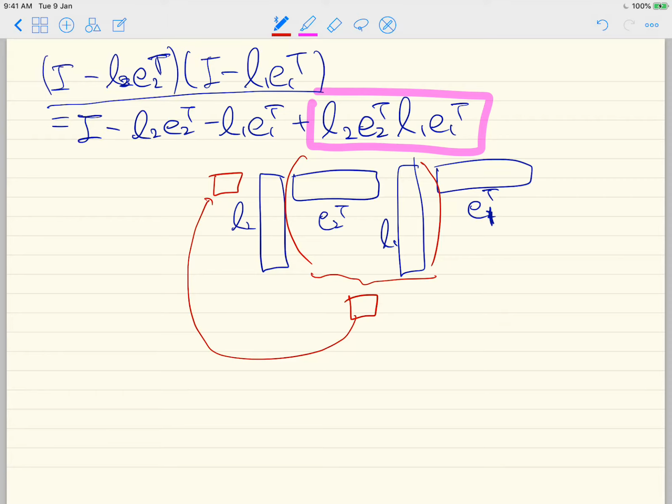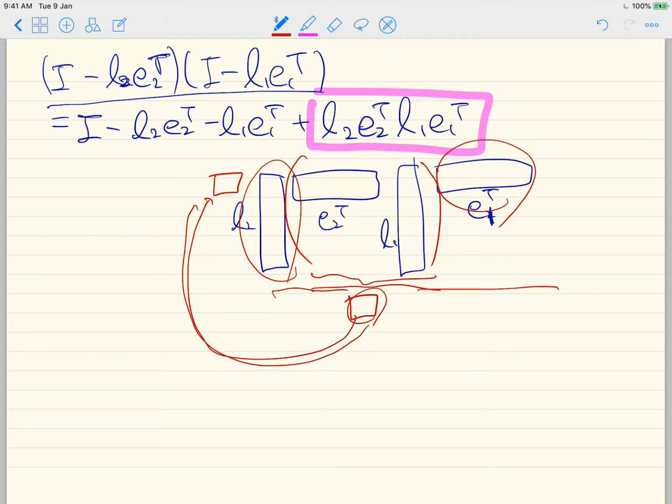Then we can just compute the remaining product between these two vectors.